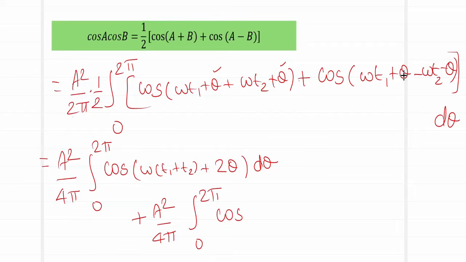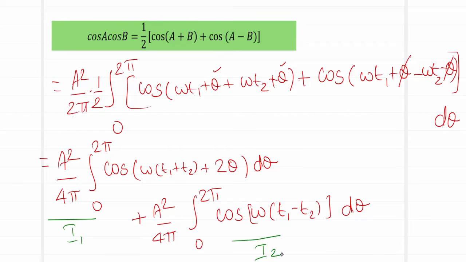The plus theta cancels off with the minus theta, so I will have omega of (t1 minus t2) into d theta. Now we will have to integrate these two quantities to get our answer. Let me term the first as my integral I1, and let the second be equal to I2.